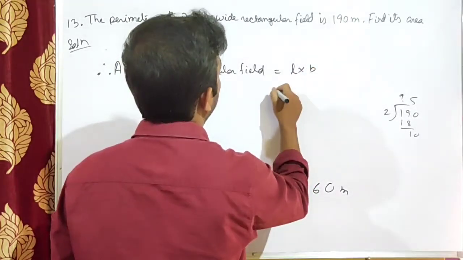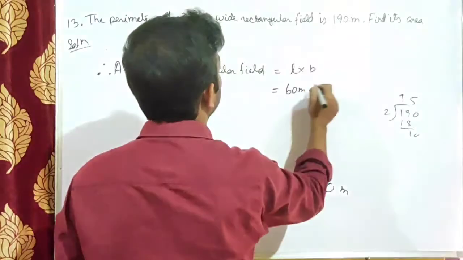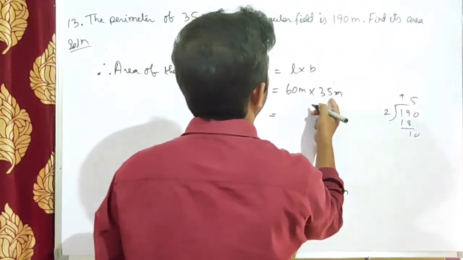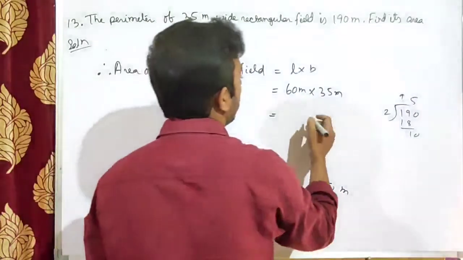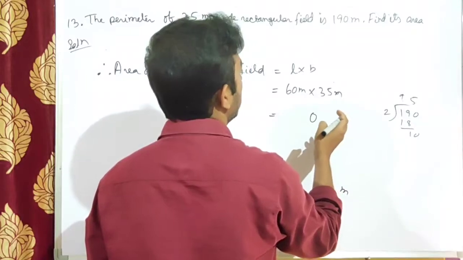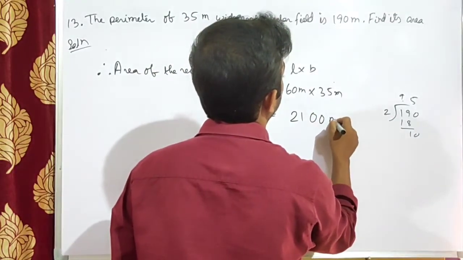Length into breadth, isn't it? The length is 60 meter. The breadth is 35 meters. So 6 into 35 is 2100 meters square.